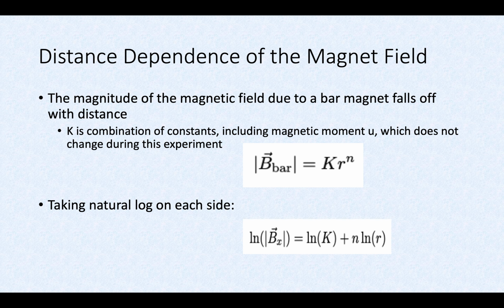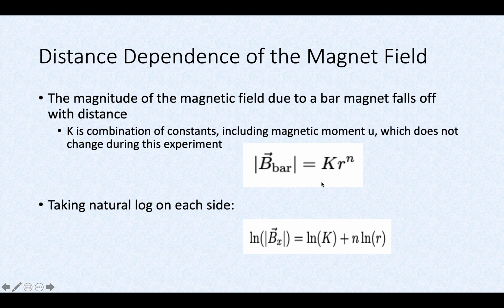Distance dependence of the magnetic field. The magnitude of the magnetic field can be modeled using this equation right here. The magnetic field decreases as the distance increases.